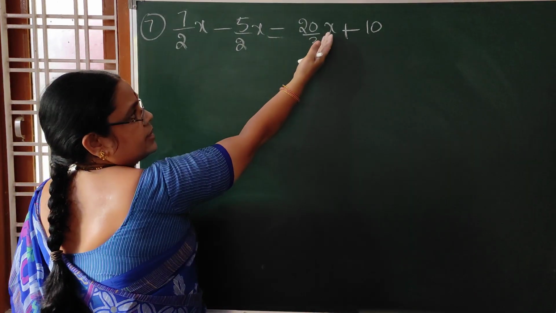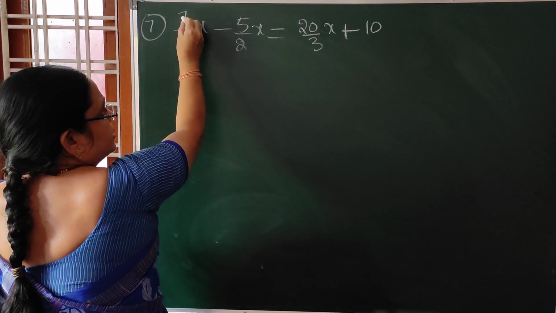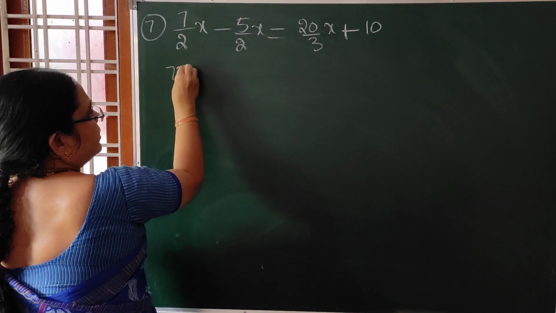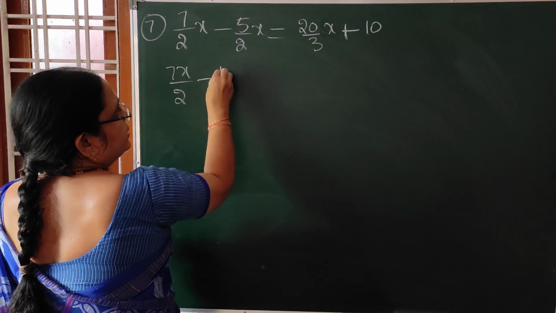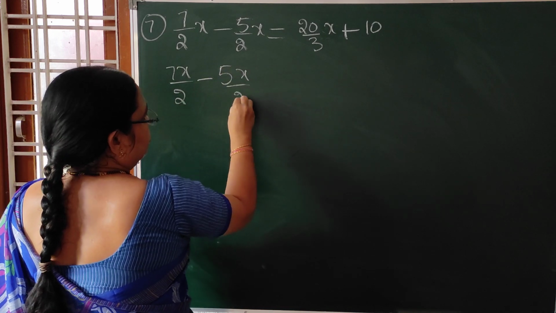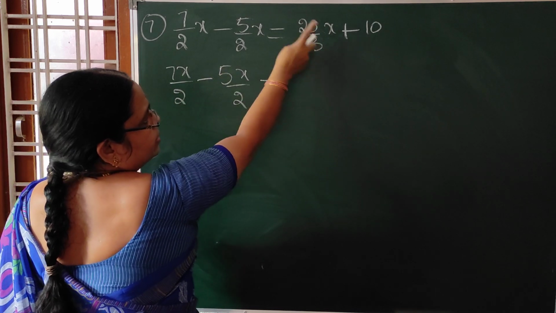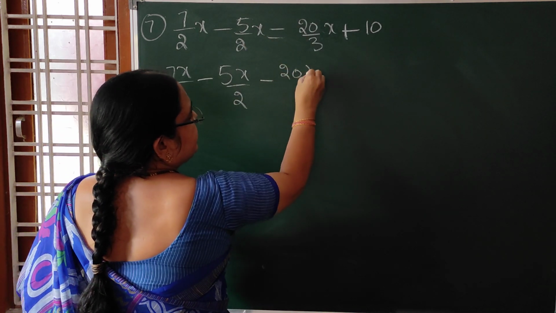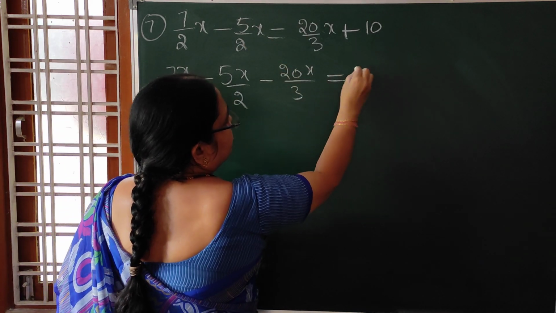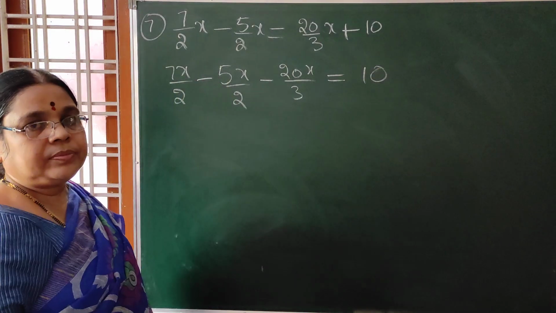So as usual this x term will come to the left side. 7 by 2 into x becomes 7x by 2 minus 5x by 2. This is coming plus, so minus becomes 20x by 3 is equal to 10.